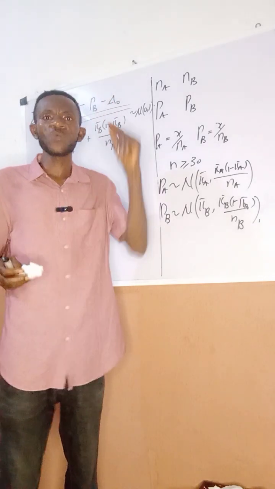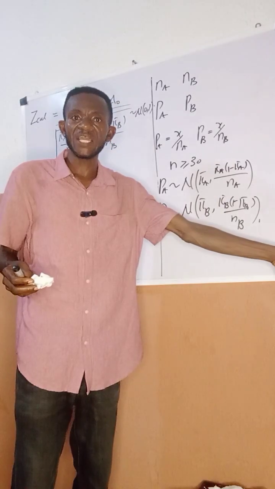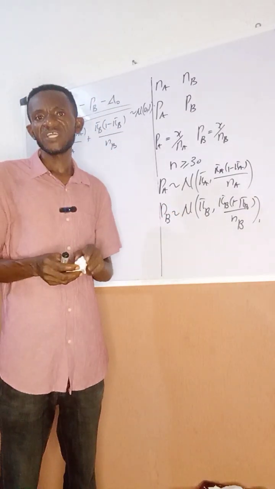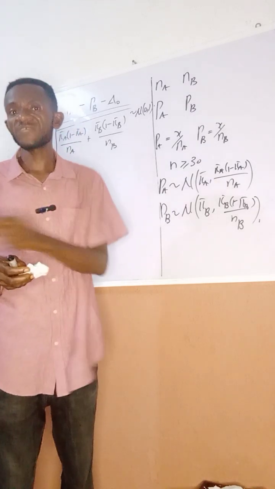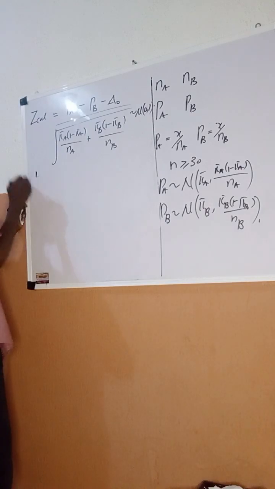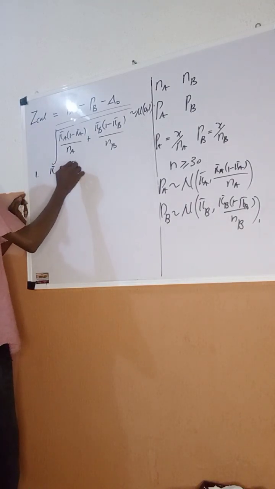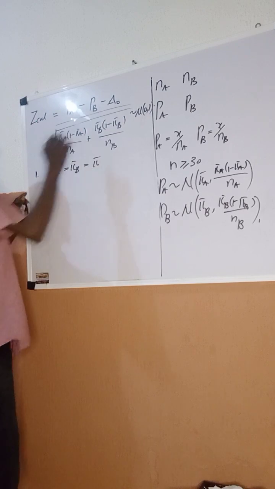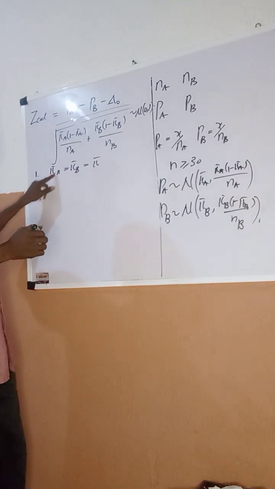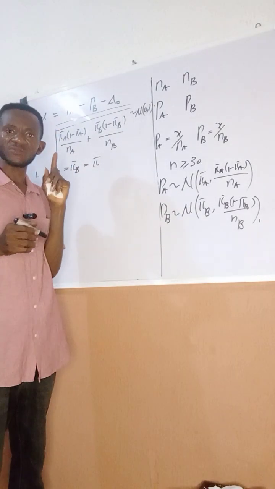But the estimation is done under two conditions. The first condition is when we assume that the proportion of defectives in population A is the same as the proportion of defective items in population B. So in that assumption number 1, we are assuming that pi of A equals pi of B equals pi. What we mean by equals pi is that if this is 1 over 2, this is also 1 over 2. That is one of the assumptions.